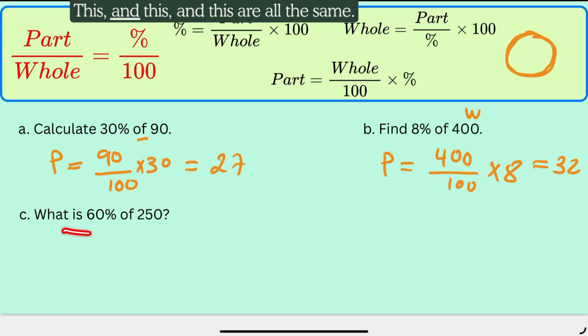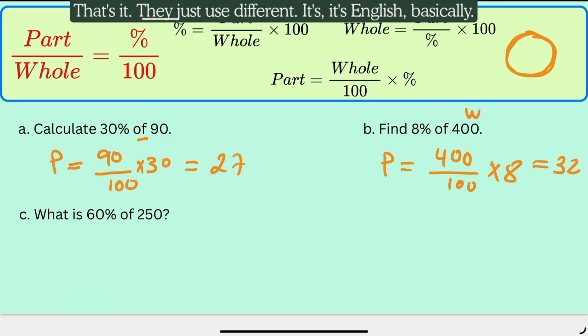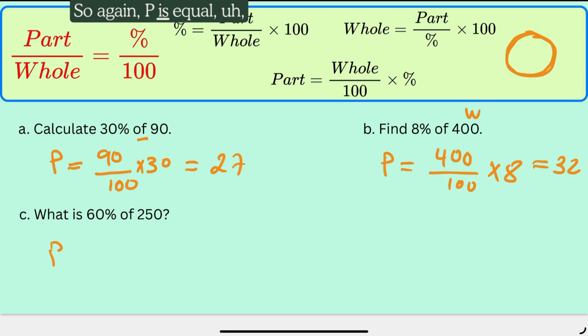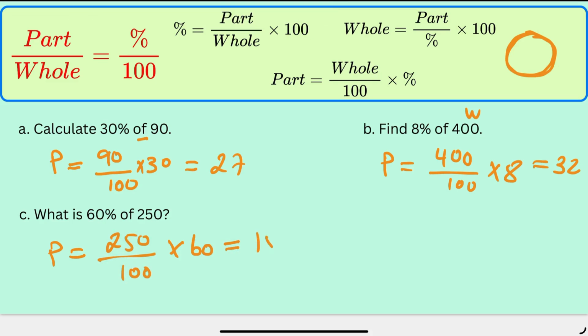This and this are all the same. It's just different language. That's it. It's English basically. So again, P is equal to the whole, which is 250, over 100 times 60. And this one here will equal 150.